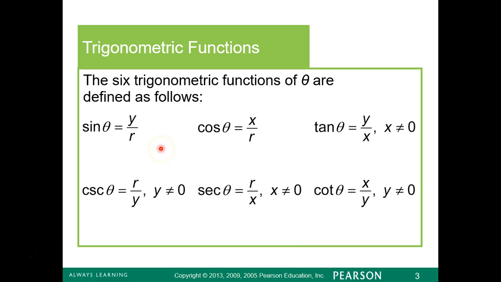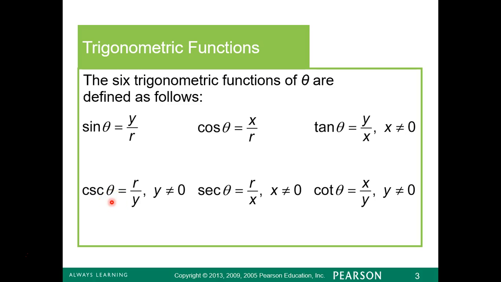But in this section, we're not necessarily looking at right triangles. We're looking at angles in standard position. So this is how you're going to come up with the values of all of your trig functions, with these definitions.